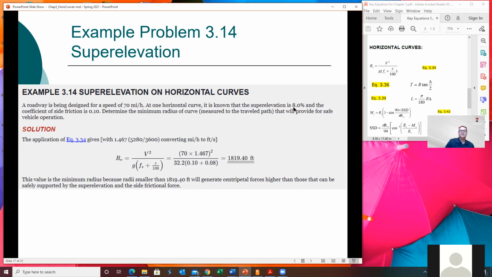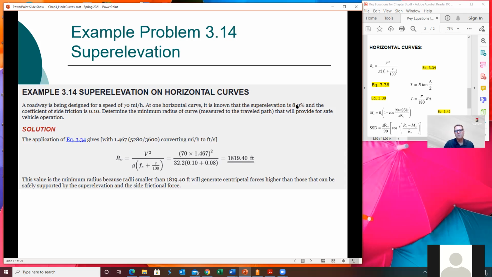When they say 8% super elevation rate, that may be governed by the conditions. For example, on a 2-lane rural highway in areas that routinely get snow and ice, I believe that 8% is the maximum super elevation you can use. It might even be 6%.